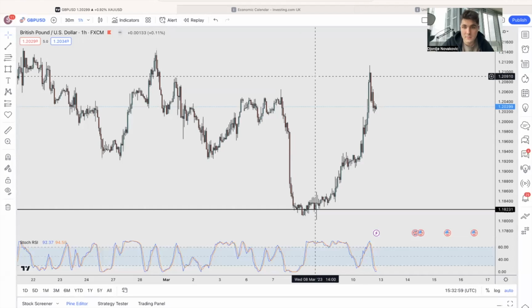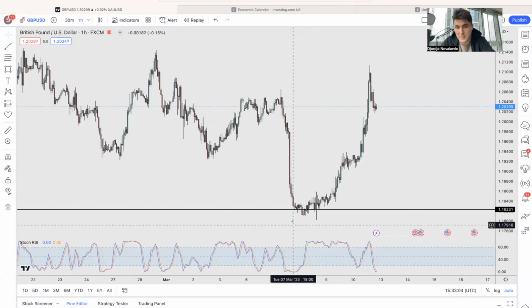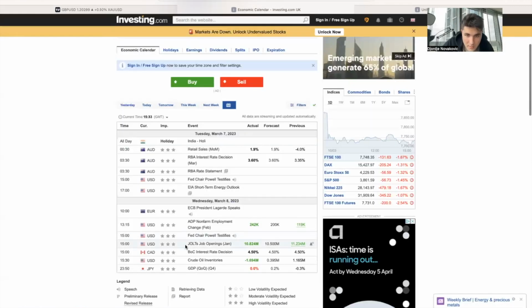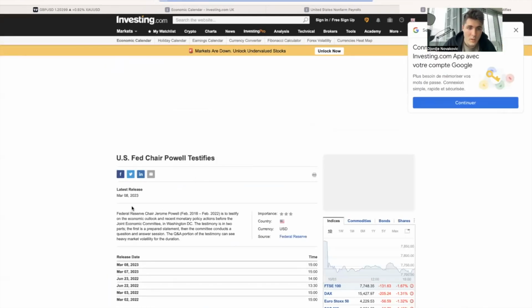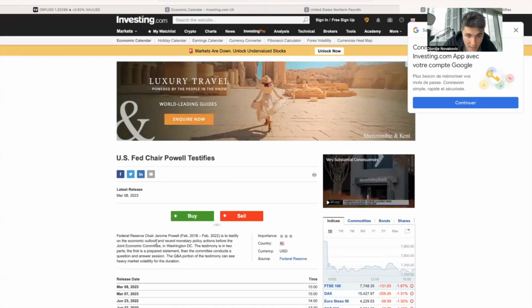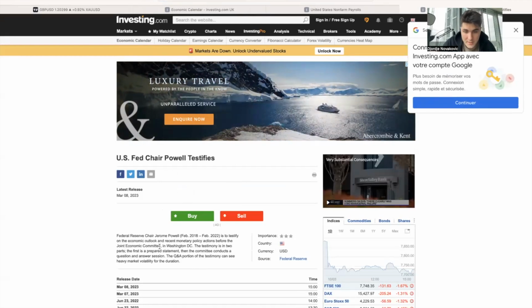7 of March, the Fed's Powell testified at exactly 3 p.m., as you can see on the way down. Here it says 3 p.m. Federal Reserve Chair Jerome Powell is to testify on the economic outlook and recent monetary policy before the Joint Economic Committee, and so on.